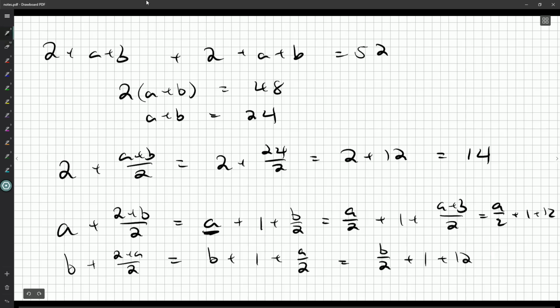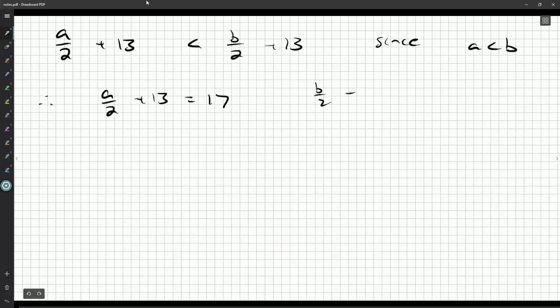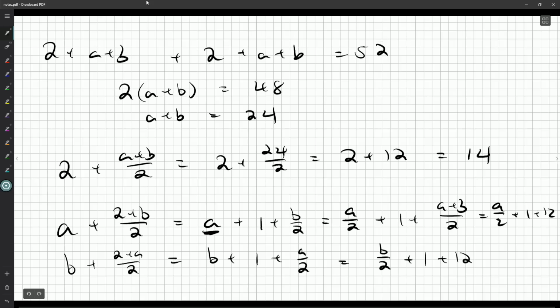Okay. So why did I bother with that? Well, A over 2 plus 13 is going to be less than B over 2 plus 13, since we are told A is less than B. So A over 2 plus 13 must be the 17, and B over 2 plus 13 must be the 21, because we know that they can't be 14.